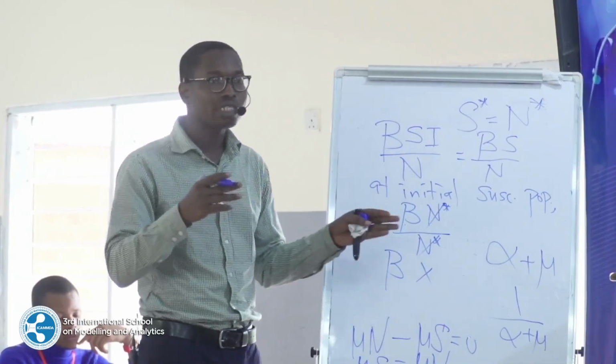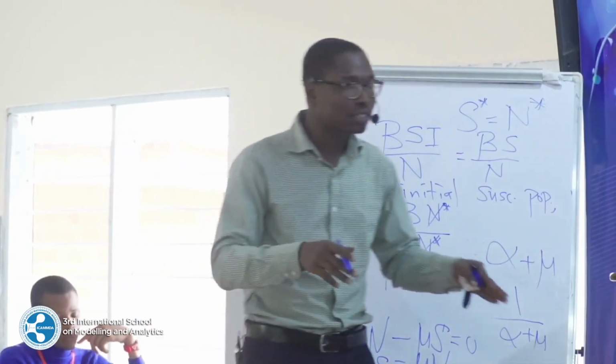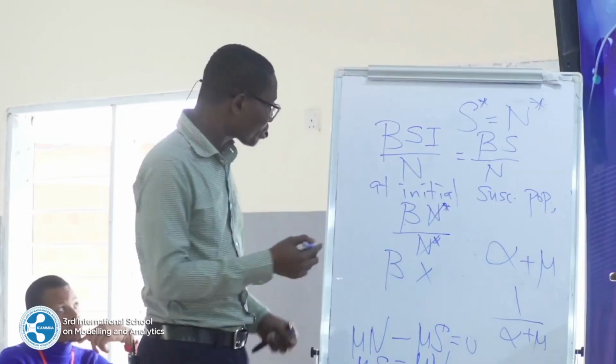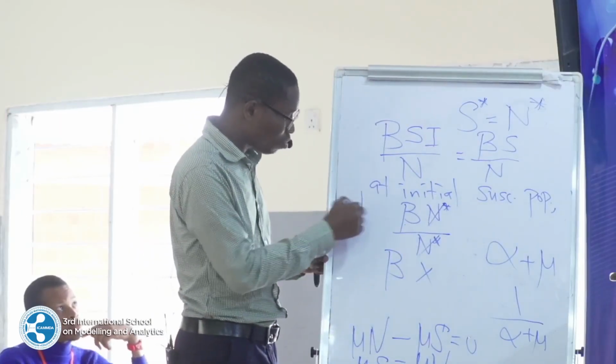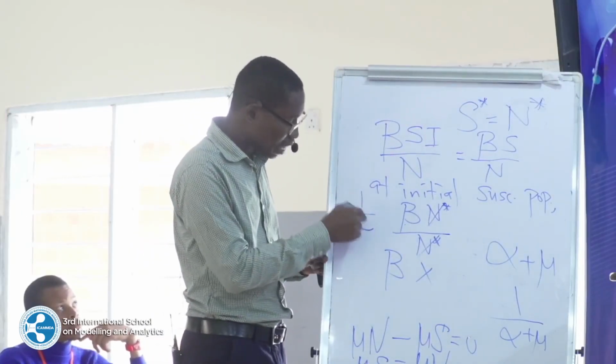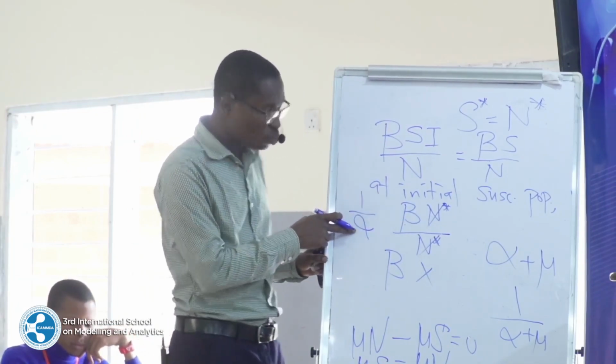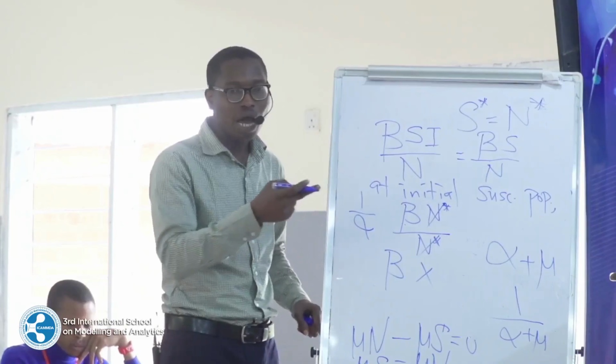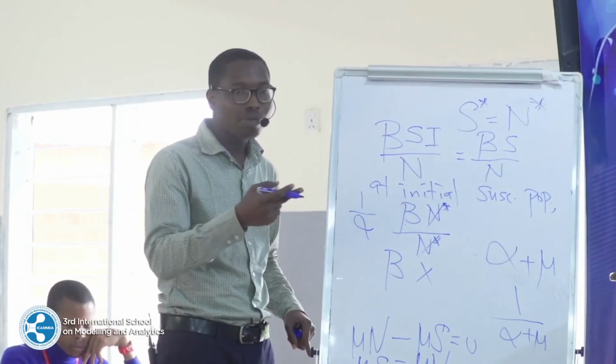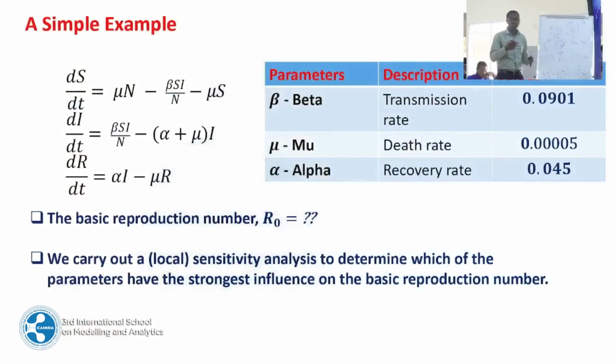If you want to calculate the period they spend in that class, you do 1 over the rate at which they are leaving. So if we are looking at the rate at which people are recovering, remember, recovery is a function of the infectious period. How long do they stay in the infectious class? To get the recovery rate, you have 1 over this.